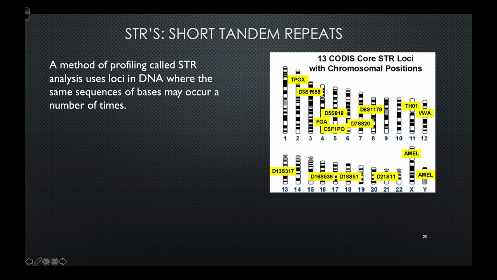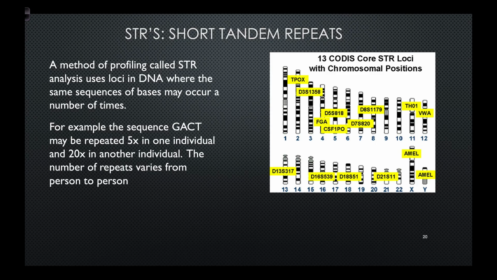So all of these yellow boxes that you see right here are locations of regions where we find these STRs, or short tandem repeats. Ultimately, a short tandem repeat is an area on the DNA that's known to have very short, repeated sequences of letters over and over, sometimes 5 times, sometimes 10 times, sometimes 20 times in different individuals.